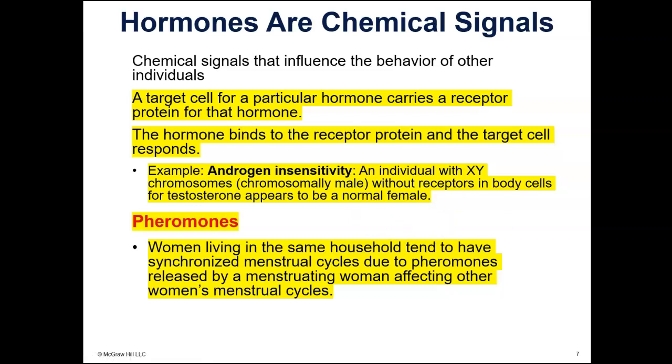So they tend to all be on their period at the same time. This happens a lot in dorm situations and apartment living, in families where you have many women. Over time, they will all be menstruating at the same time.